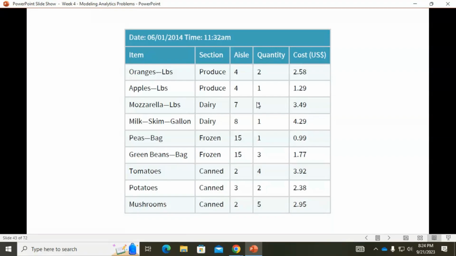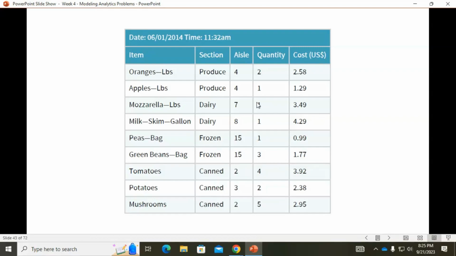Like if I coded level of income 1 through 5, those numbers, just because they became numbers, doesn't make them continuous data. It's still categorical data because the numbers are representative of a category. So aisle is categorical data because it's not a quantity of something. It's just a demarcation of which aisle the item is from.